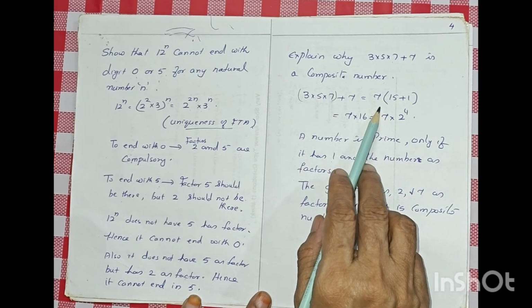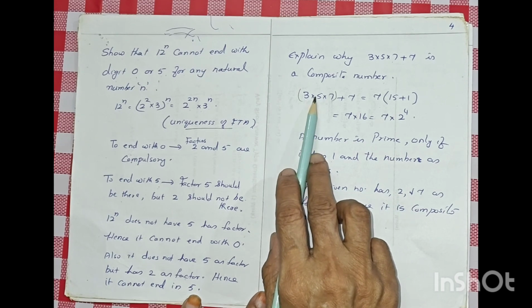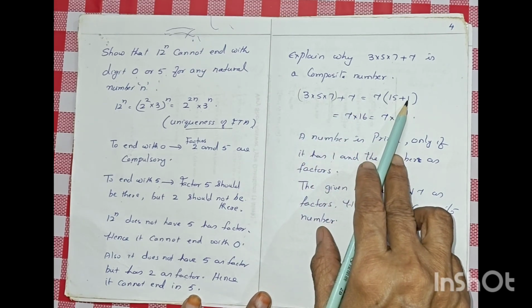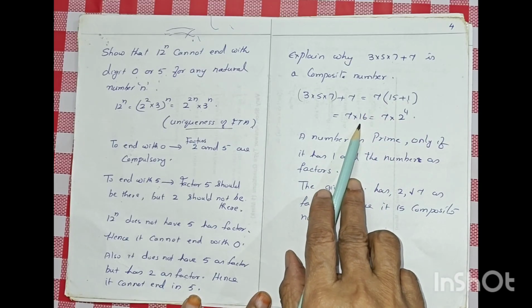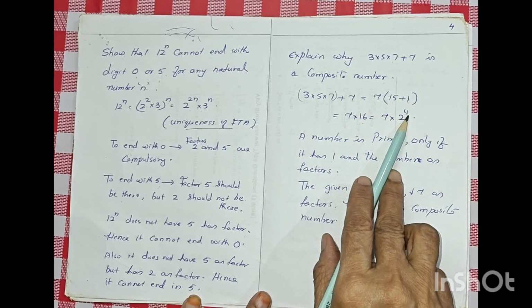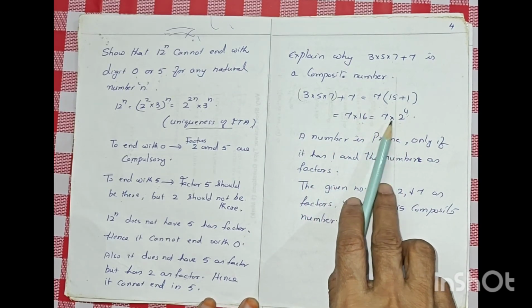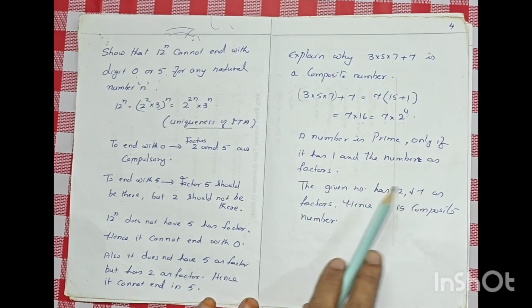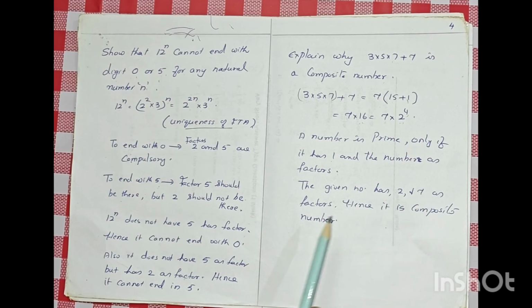So we will take 7 out. Then you are left with 3 into 5 is 15, plus 7 has been taken out, so we are left with 1. So 16. 16 can be written as 2 to the power of 4. So this has other factors, 7 and 2. Hence, the given number has 2 and 7 as factors. Hence, it is a composite number.